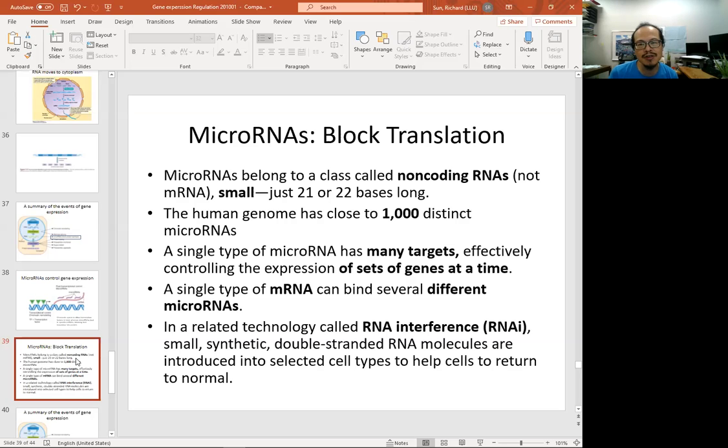So they can control the speed of the translation, and the amount of protein to be produced can be regulated. This leads to a concept of the technology called RNA interference.